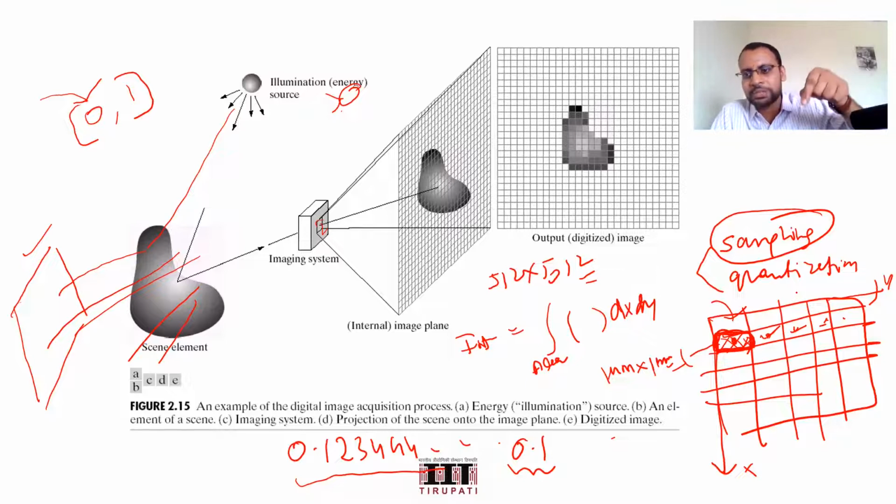What has to be there in that space is the intensity in each of these pixels. The value which is there in that pixel is where the quantization part is coming, while the number of pixels is where sampling is coming. Got it? Good. That's an important distinction which has to be clear to one and all. Any other question there?